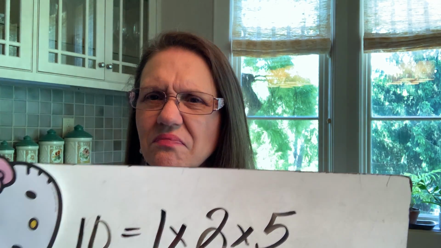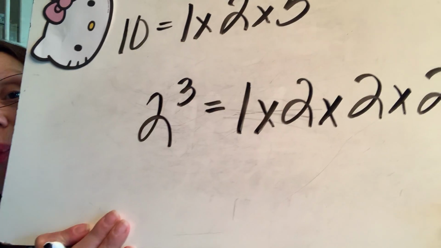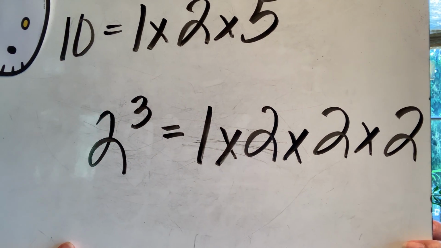Okay? Now, with exponents, we have that same invisible 1. So theoretically, that's what 2 to the power of 3 looks like.